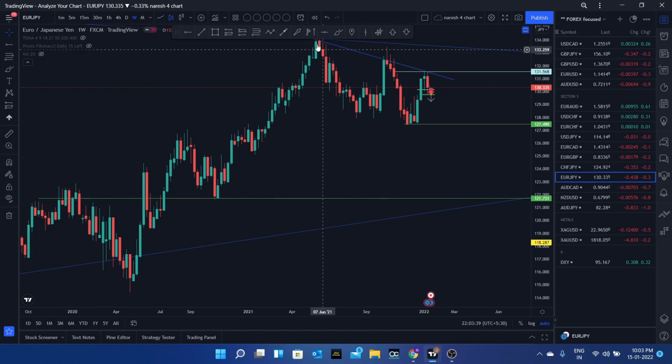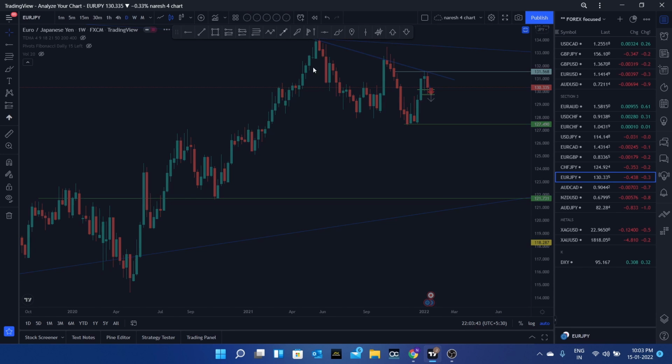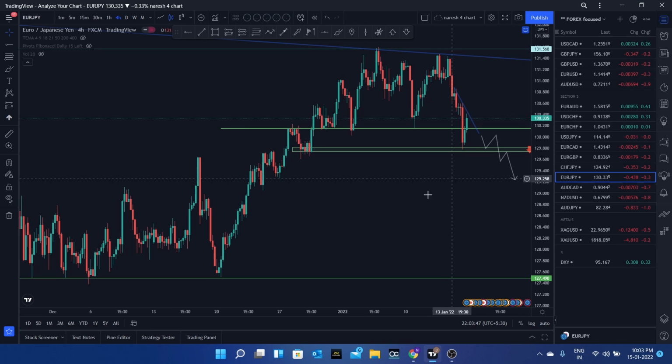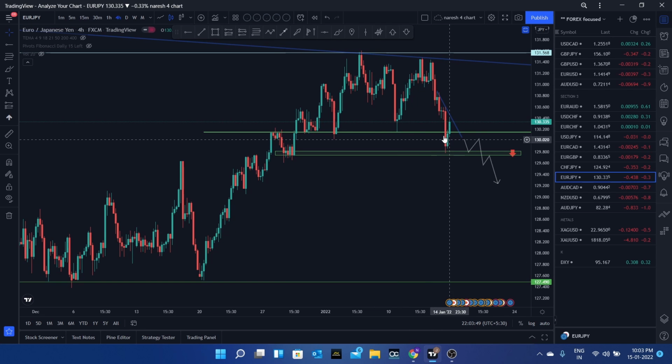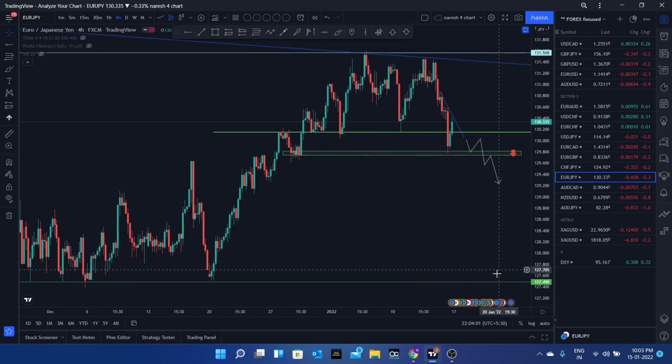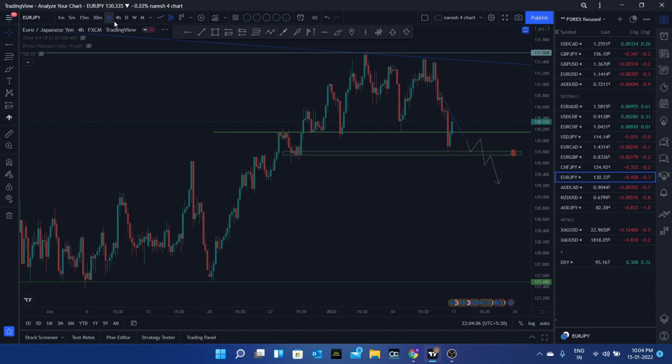So I have already drawn this trend line, and it is respecting this trend line as well, and now it is forming a consolidation, and it has already broken this area as well, which is a good sign. And it is just a pullback, guys. Just wait for the structure to break here, and you can go for a short entry, and you can take this as your target, guys. So we are having a very good short potential here.